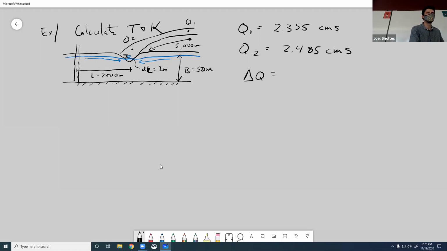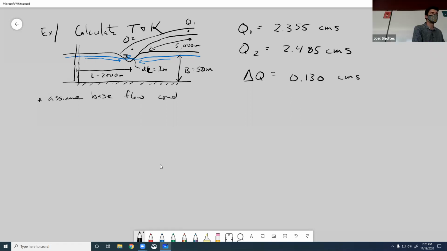And our delta Q in this case, we just do the subtraction, we got 0.130 cubic meters per second. That's our delta Q, and that's over that 5,000 meters, right? So first we're going to assume we're under base conditions.